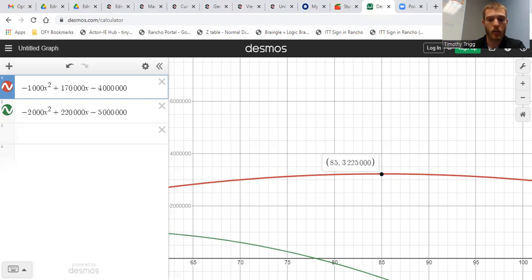Okay, now let's go ahead and look at the last material, material 3. And we're going to be using this revenue equation, 54,000x minus 270x squared. So that's the revenue minus the cost equation for material 3 is 2 million minus 5,000x.